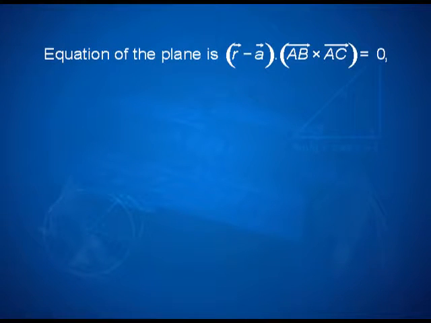We did see that equation of a plane through a point is given as vector r minus vector A dot n. Now, vector n gets replaced with AB cross AC.